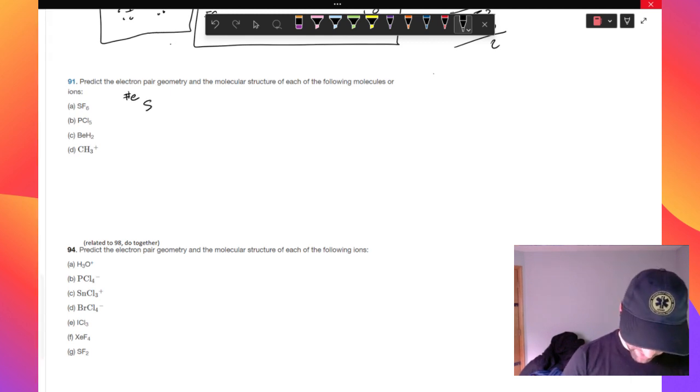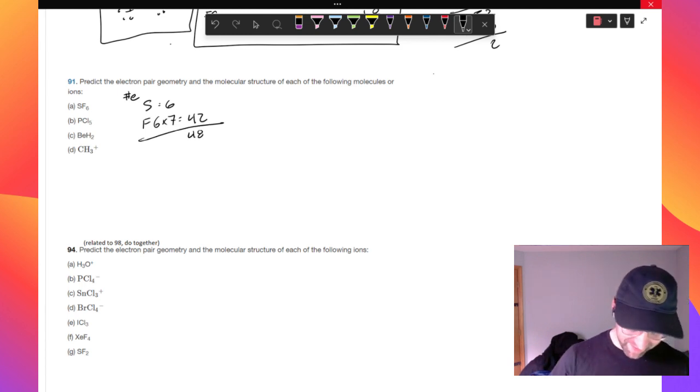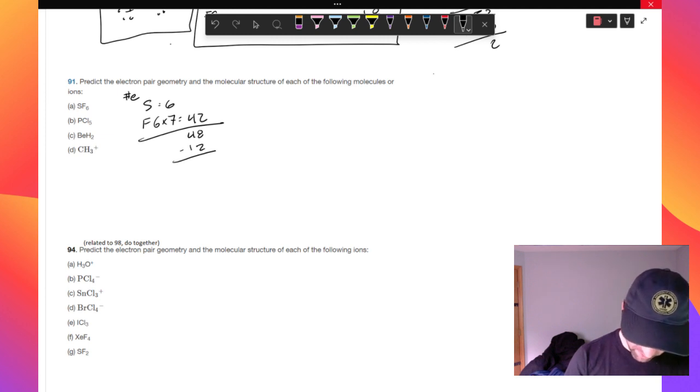Number of valence electrons is 6. Fluorine, we have 6 times 7. Oh my goodness. This is going to be awesome. 48 total. If we assume that each of those fluorines is participating in a single bond, which they would be, we have 6 times 2 is 12 accounted for, gives us 36 to account for.